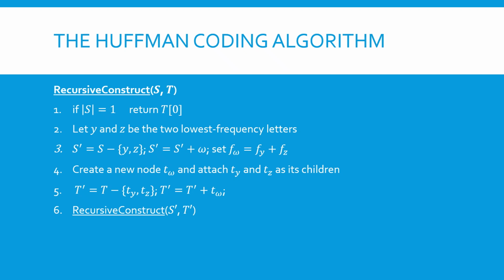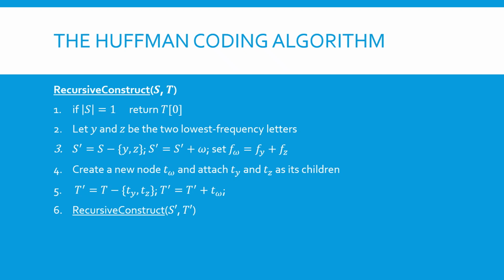We now describe the recursive tree construction process. Line 1 handles the base case, where there's only one symbol to encode. In this case, the forest T contains a single tree, which we return as the optimal prefix coding tree.